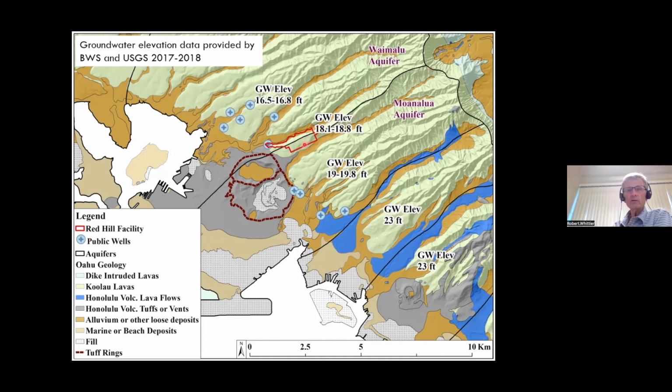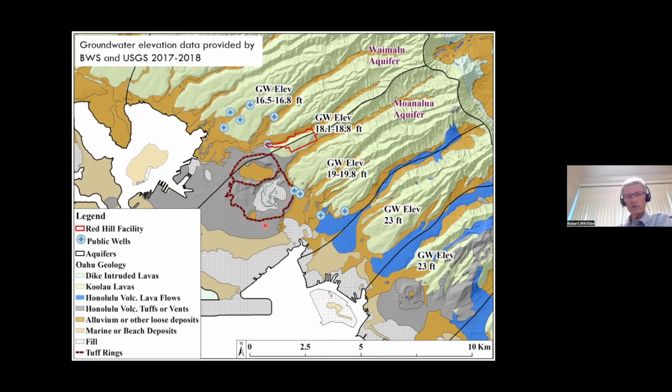Going mauka to makai, or from mountain to ocean, we will encounter a structure called caprock, which is a composite of marine deposits and beach deposits that extend down into the water table, and is generally viewed as poorly permeable, but can have some highly permeable sequences within that structure.